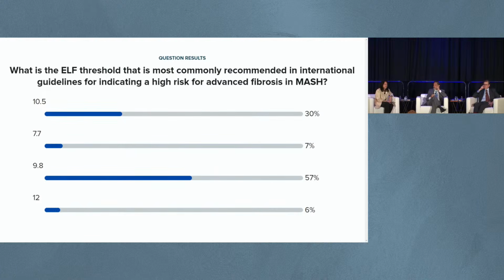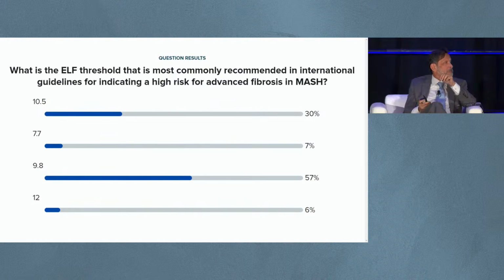In practicality, 9 is probably the threshold above which you're likely to have clinically significant fibrosis. Advanced fibrosis means bridging or cirrhosis, and 9.8 is really the optimized cutoff for that. But if you're looking for cirrhosis, I think multiple groups have landed at the same spot of around 10.5.